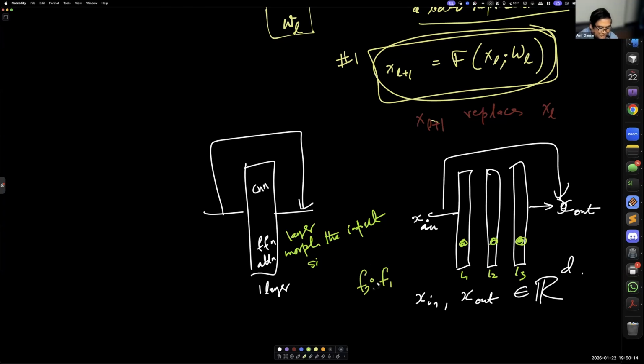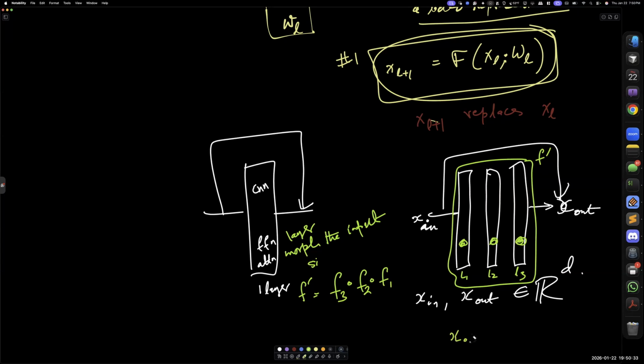On top of that, you impose F2. On top of that, you impose F3, three layers. That is equivalent to a morphism F prime. It is as though these three layers act as just F prime. So you can say X out is equal to F prime of X in.